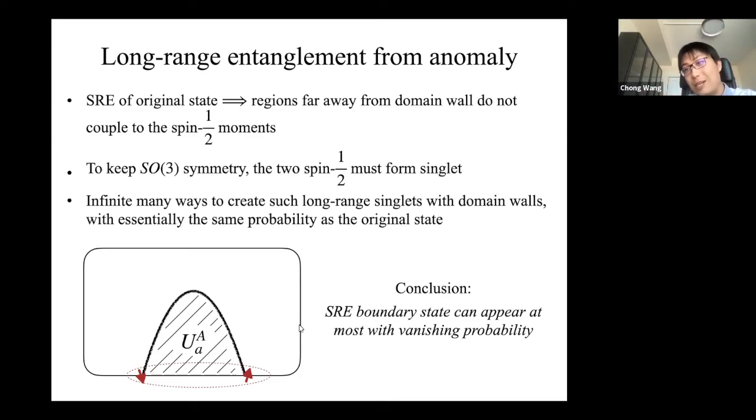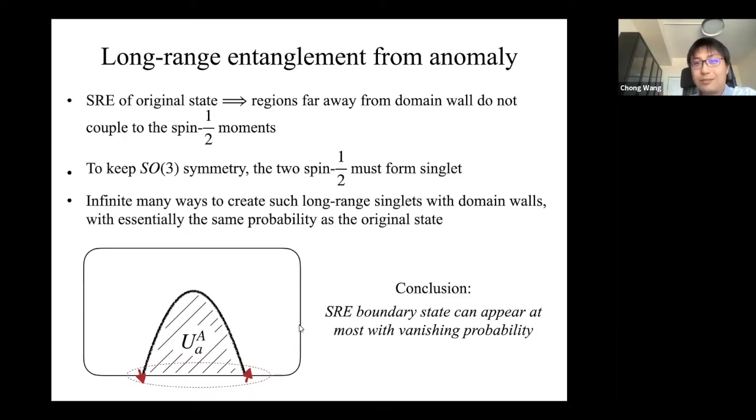Which then means that the state I started with, which was short-range entangled, at best has a vanishing probability to be realized in the thermodynamic limit. So realizing that particular state doesn't really violate anything, unlike in the clean case. It's fine. But the statement is that in the thermodynamic limit, the probability of having such a realization must go to 0.